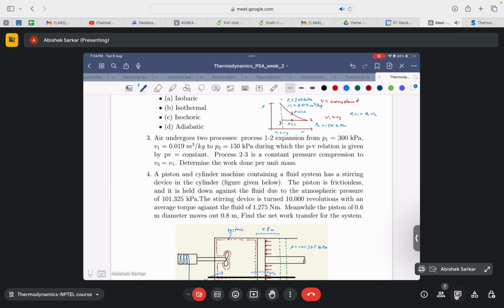Try to find the work interaction in the case of a PV equal to C process. So find out how the expression of work interaction looks in the case of that, and find the net work interaction and check the units. Okay, it's also important. This is specific volume, and pressure is in kilopascal. Okay, 1 more minute, then I will try to show you the solution.